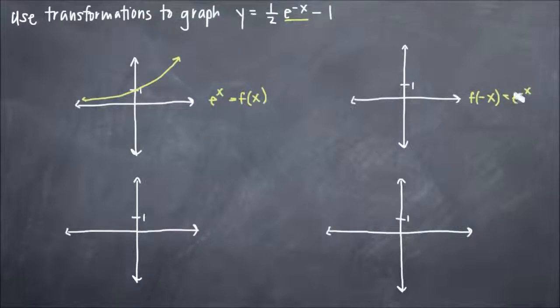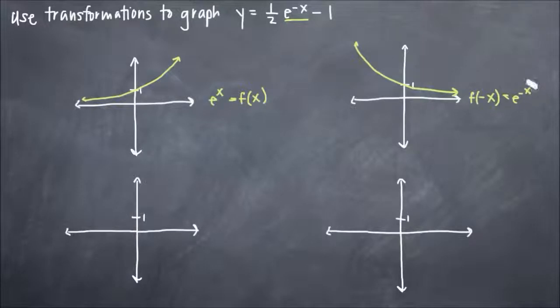What we should know from our study of transformations is that if you plug in negative x for x into a function, it's just going to flip the graph across the y-axis. So we're going to have the same function, except that it's going to be backwards like this, flipped across the y-axis. So again, we'll intersect the y-axis at y equals 1, and the graph is just flipped across the y-axis like this. So now we have the graph of e to the negative x.